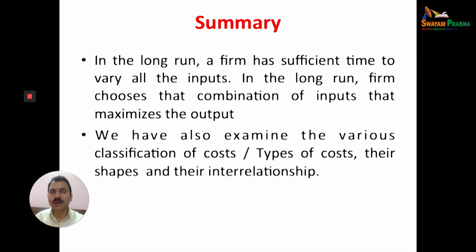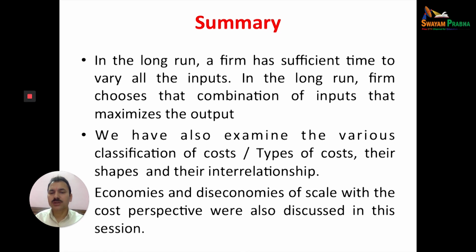We have also examined the various classifications of cost and the shapes of cost curves, modern theories as well as the traditional theory of cost. And lastly, economies and diseconomies of scale from the cost perspective. In this last part of the session, we discussed what economies of scale and diseconomies of scale are.